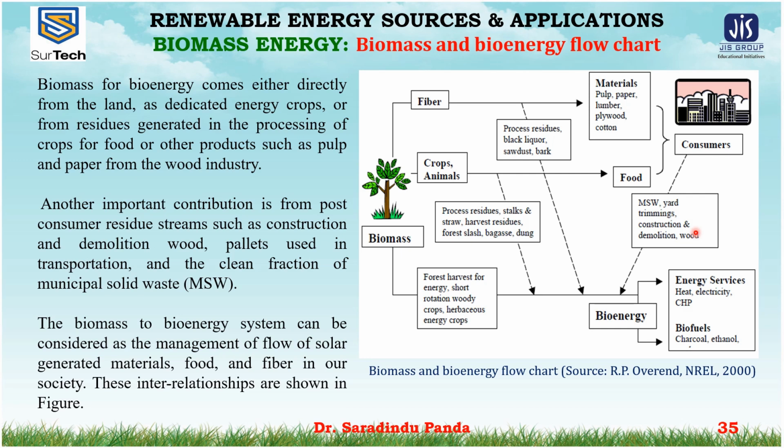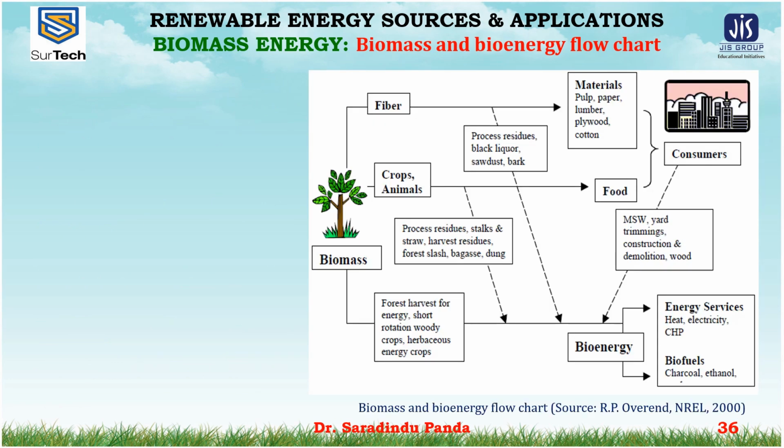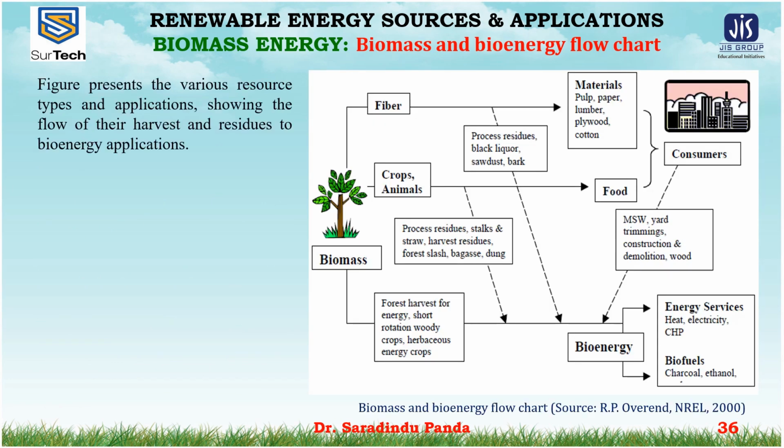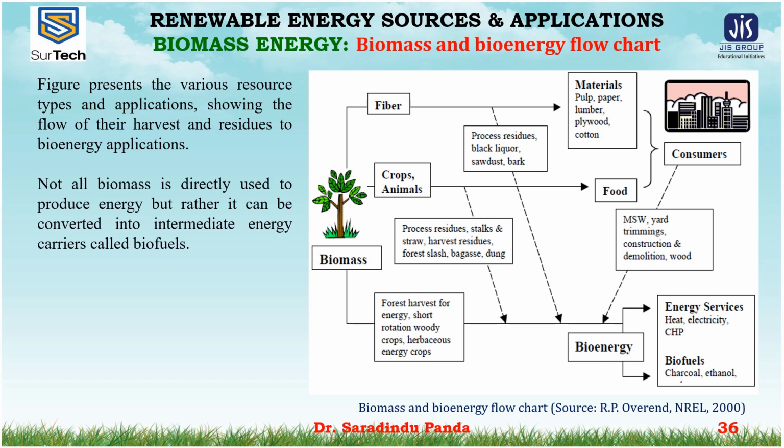The biomass to bioenergy system can be considered as the management of flow of solar generated materials, food, and fiber in our society. These interrelationships are shown in the figure. The figure represents the various resource types of applications, showing the flow of their harvest and residues to bioenergy applications.